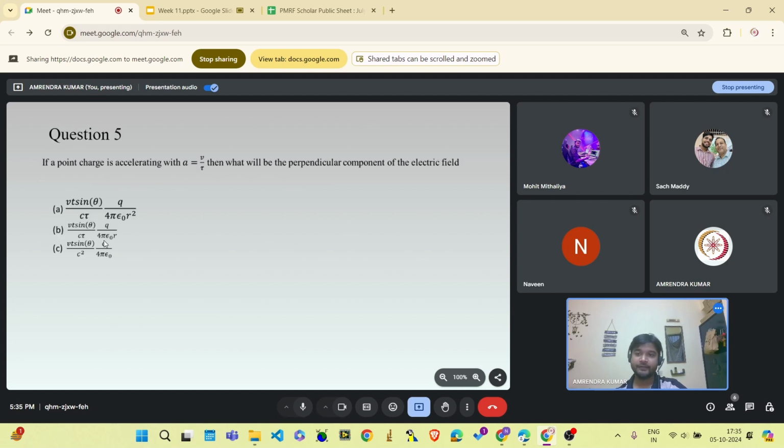We will see in a bit how the electric field components depend on this. That is our question number 5. So we can just calculate it. I will share my screen with you.